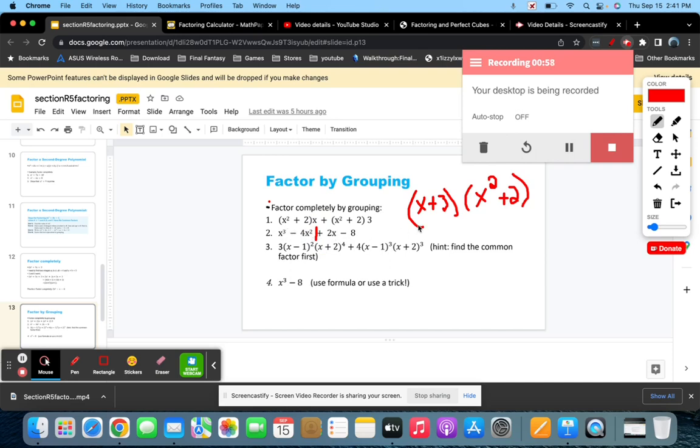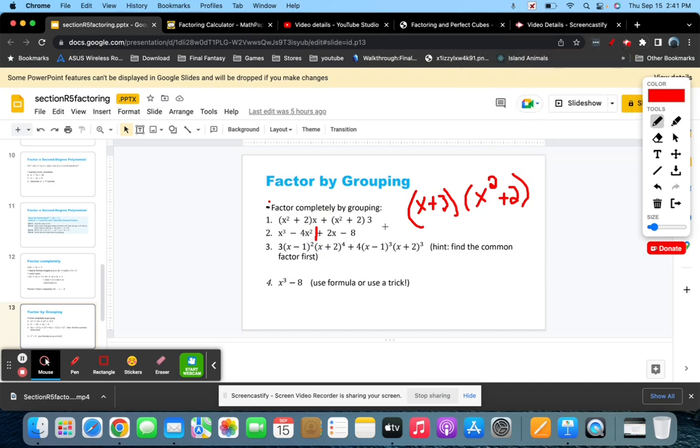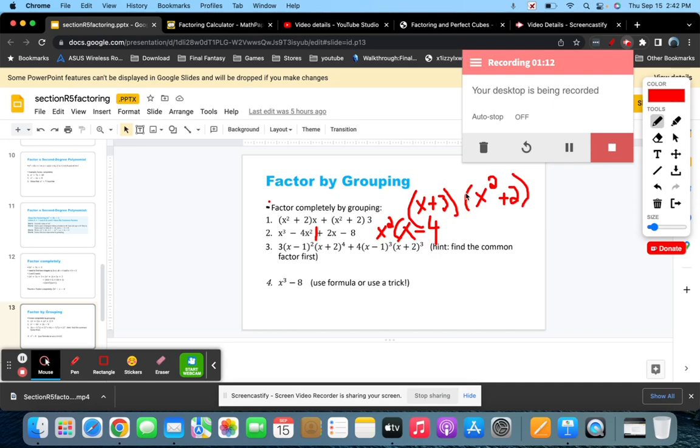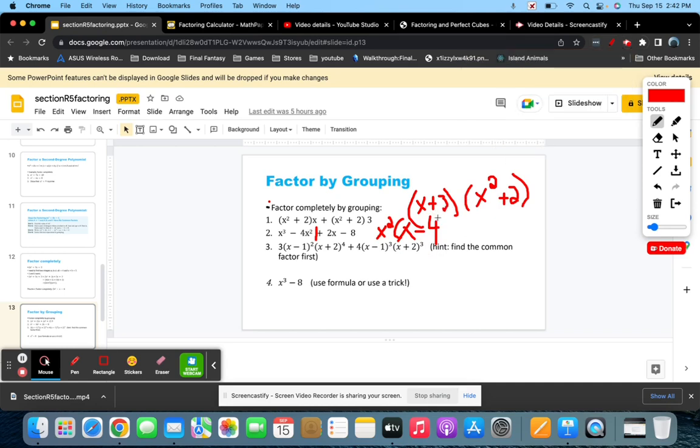So this first section, we can pull out an x squared from both of them, and that'll leave me with x minus 4. So the x squared comes out on that one. Over here on this side, we can pull a 2 out, and that leaves us with x minus 4 over here.